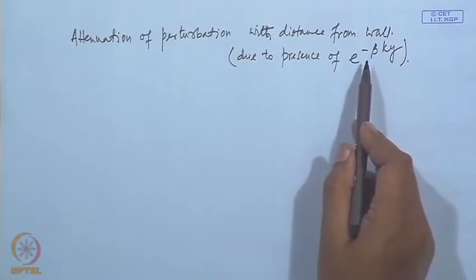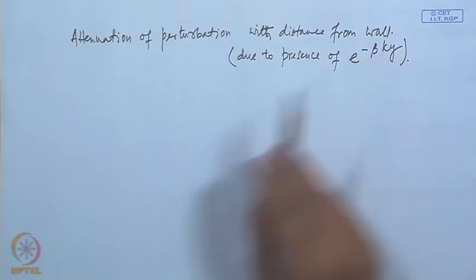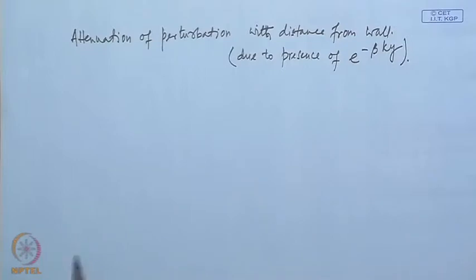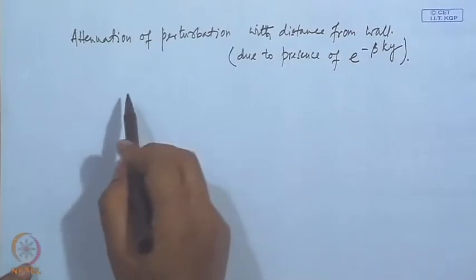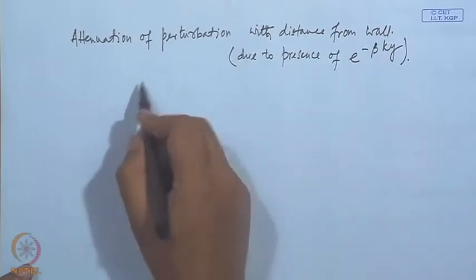However, since the factor beta is present in the attenuating factor, the attenuation decreases with Mach number.